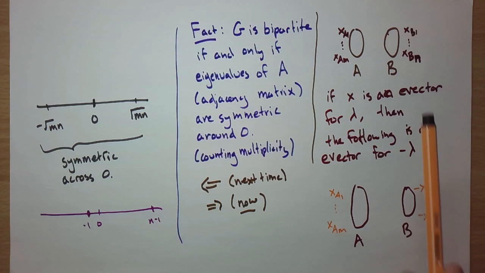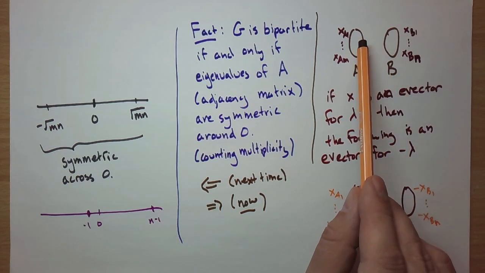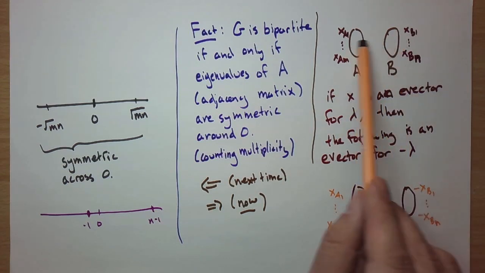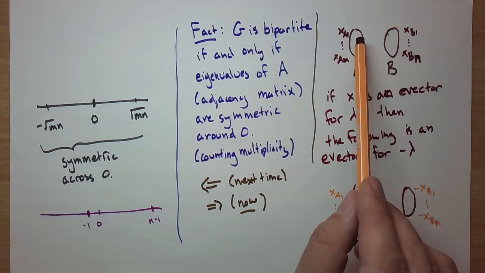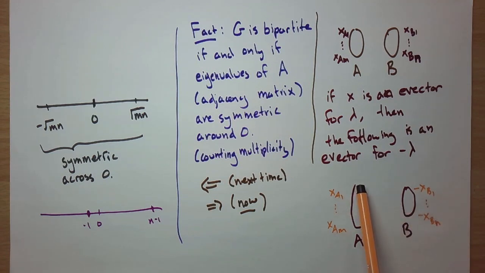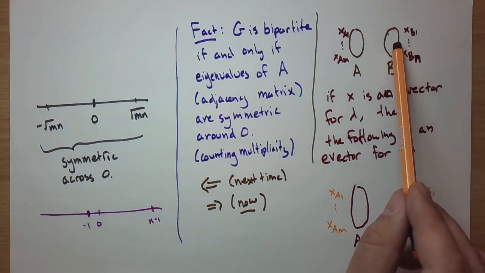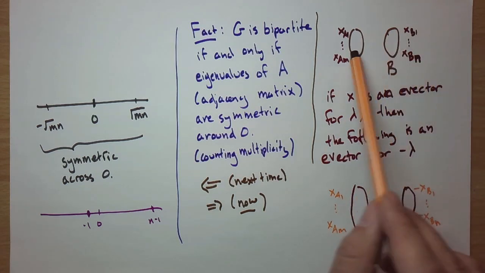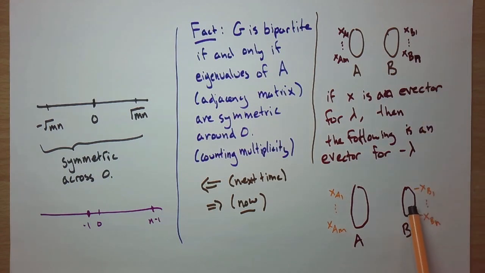Well, just think about the adjacency. What's happening? So up here, when you added, you should end up with lambda of what you started with. When you come down here, when you add, because all these were negative, it's negative lambda of what you started with. What about on this side? You should have lambda what you started with. Now here, you got lambda, but there's a minus sign, and so it's minus lambda what you started with.